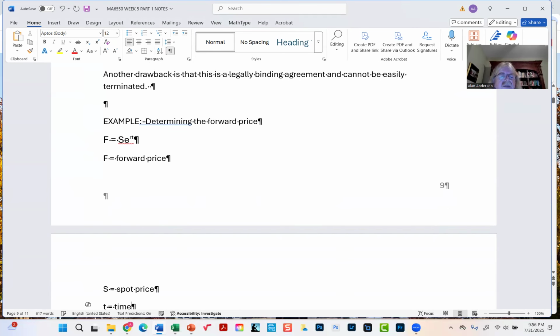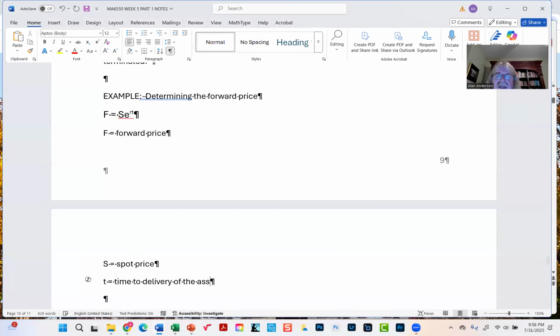T is the time to delivery of the asset. In other words, if it's a 6-month contract, that would be half a year. And then r is the risk-free rate of interest, which means the yield on a treasury security with the same maturity as this contract.